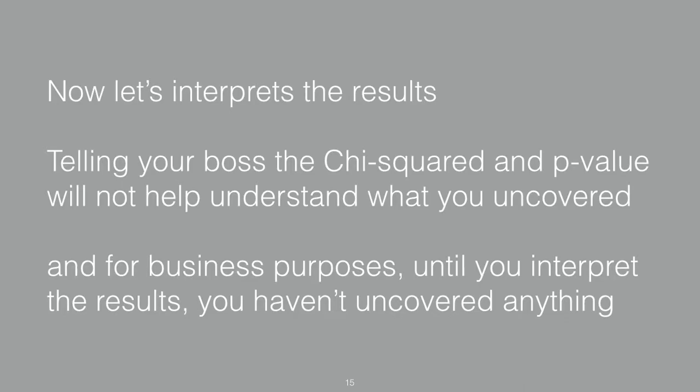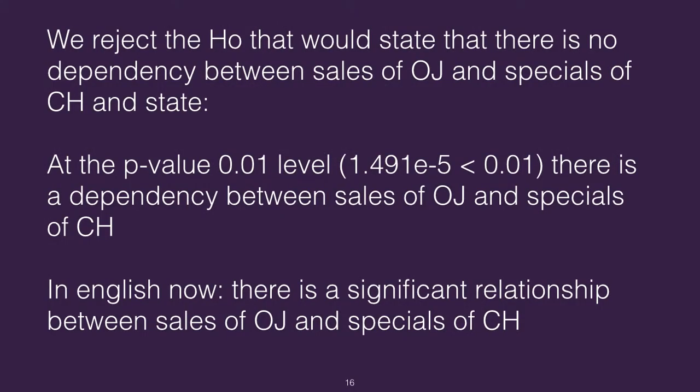But let's interpret the results, because telling your boss the chi-square and p-value won't help them understand what you uncovered. For business purposes, until you interpret the results, you haven't really uncovered anything. So, the interpretation. We reject the null hypothesis that would state that there is no dependency between sales of orange juice and specials of Citrus Hill at the p-value 0.01 level.